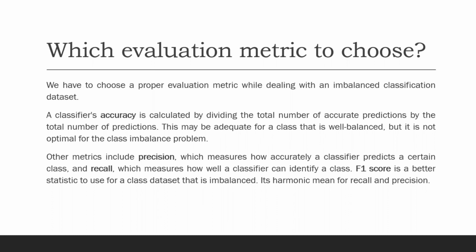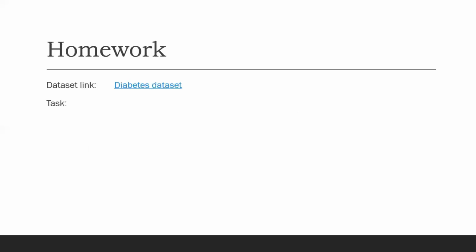Other metrics include precision, which measures how accurately a classifier predicts a certain class, and recall, which measures how well a classifier can identify a class. F1 score is a better statistic to use for an imbalanced class dataset. It's the harmonic mean of recall and precision.